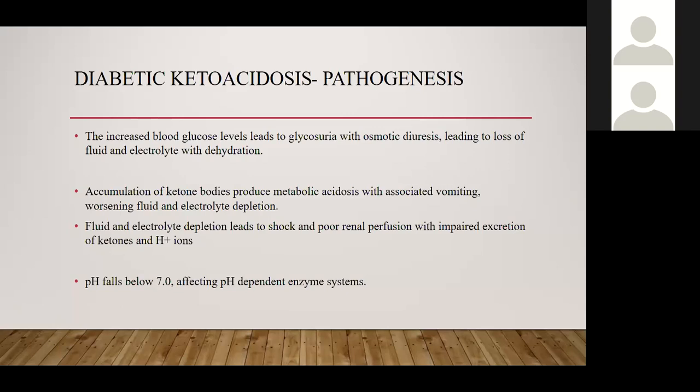Once you develop poor perfusion to the kidneys, what will happen? The kidney would be unable to excrete waste substances, the kidney will be unable to get rid of substances that it is supposed to excrete, like these ketone bodies.